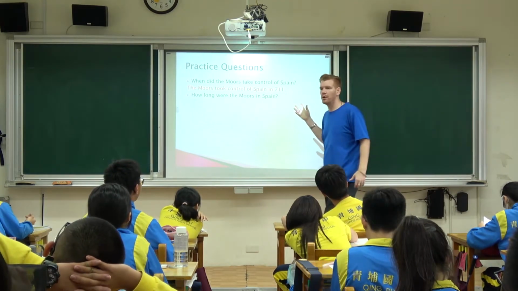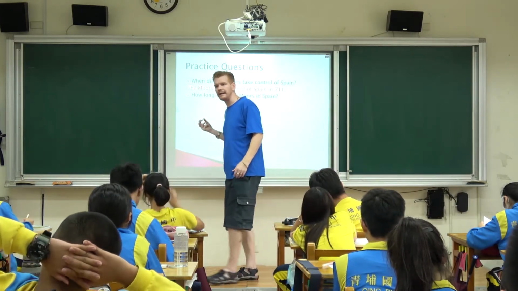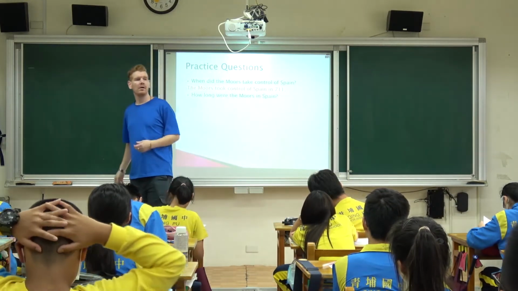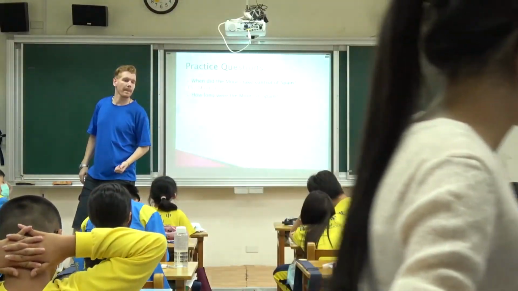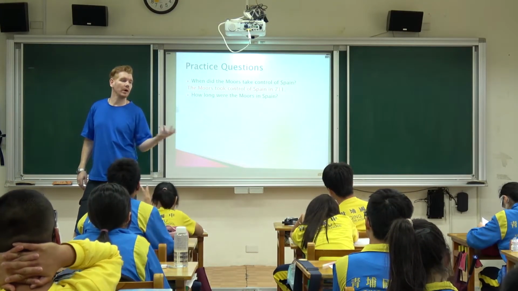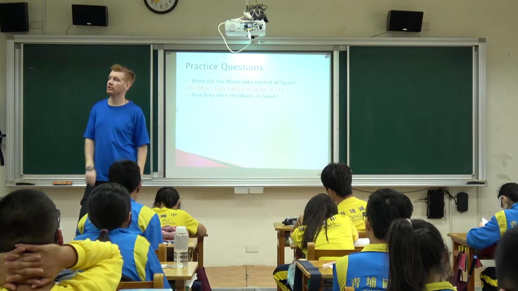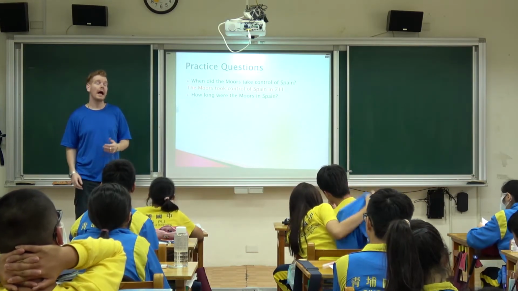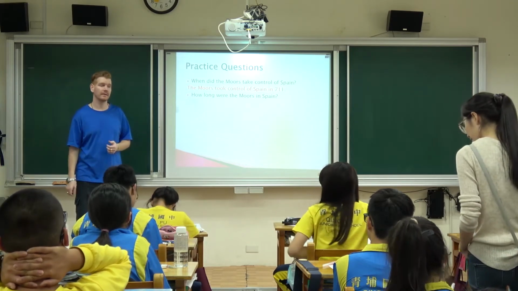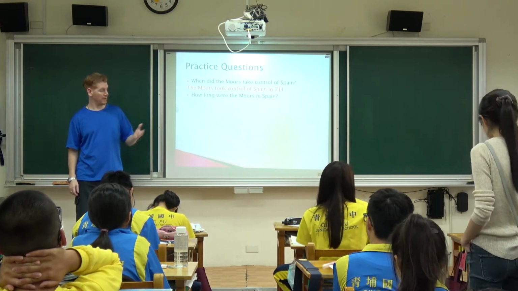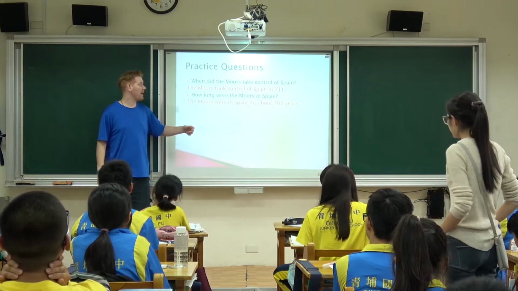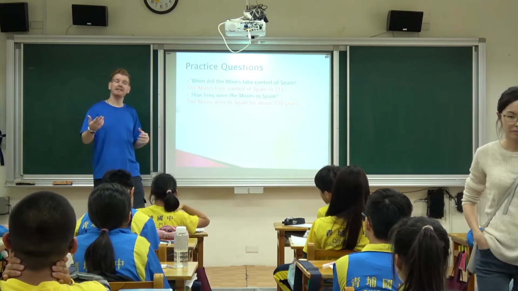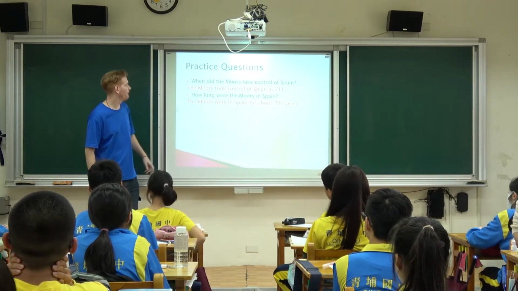About how many years were the Moors in Spain? How long? 71年开始到他们离开，总共有多少年？ 200 years? 500 years? 900 years? A little bit more than 6? Yeah. About 700, 800 years.